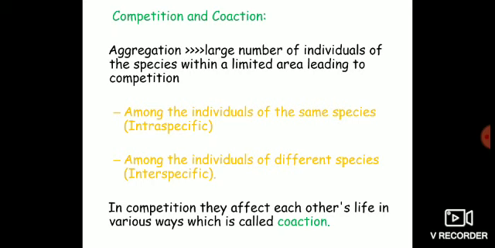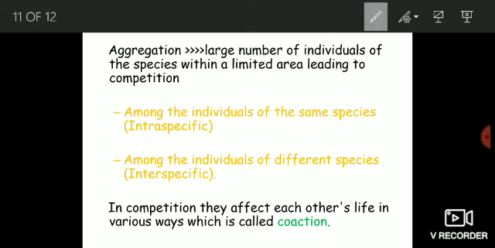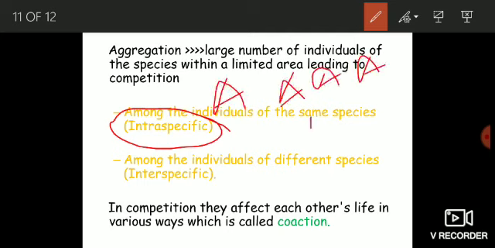This competition can arise between individuals of the same species, which is known as intraspecific competition. For example, you have species A with a large number of individuals, and if competition takes place between this A individual and this A individual, both belonging to the same species, this is known as intraspecific competition.